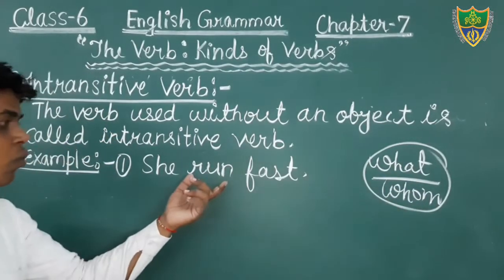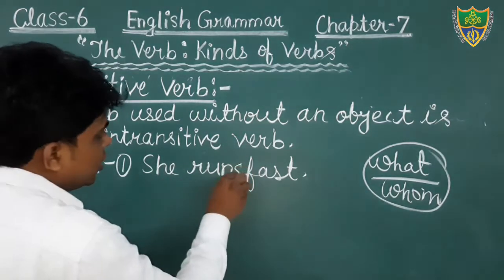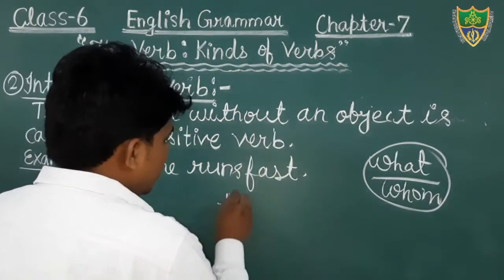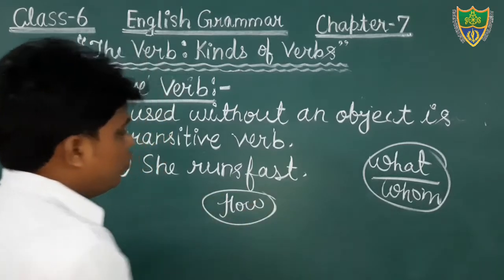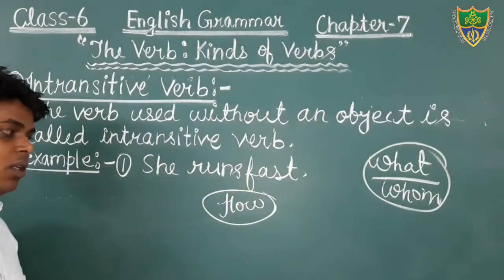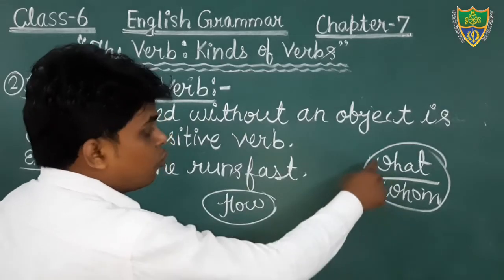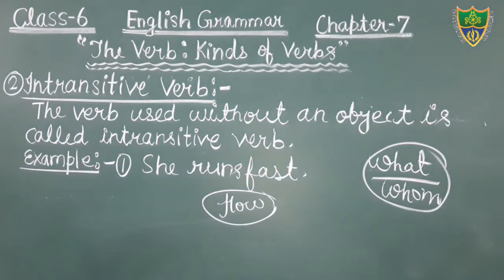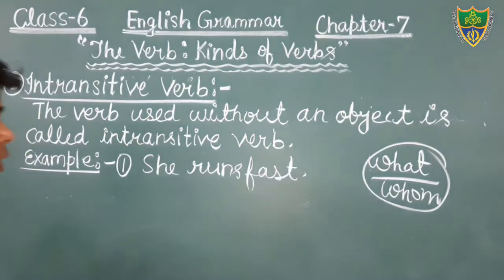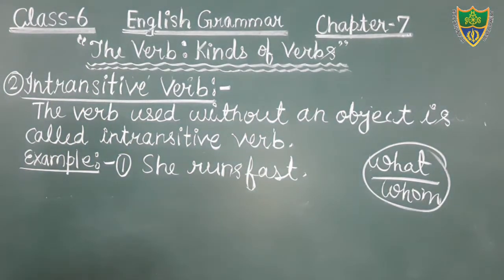We can make the question what does she do? It gives the answer of how. How does she run? She runs fast. It gives the answer of how, but we have to get the answer by putting the question what and whom. Therefore, that is intransitive, because we are not getting an object, that is an adverb. Not an object. Okay, students?